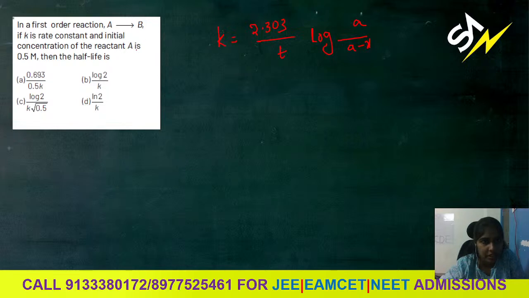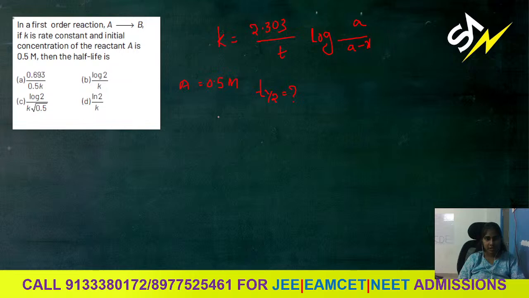And initial concentration of the reactant A. What is the initial concentration of the reactant A? A is 0.5 molar. Then its half-life, T half is equal to.